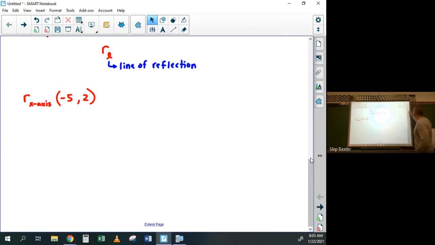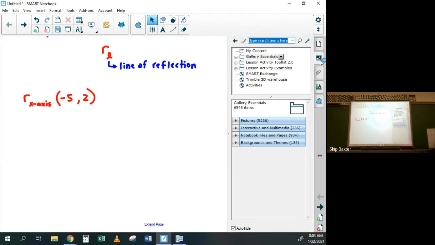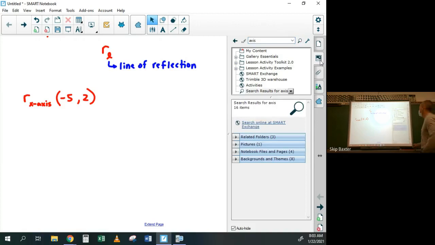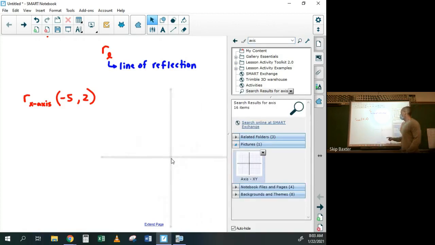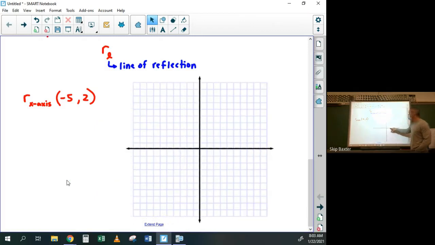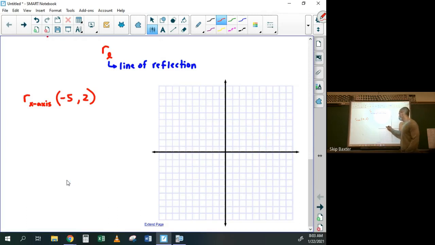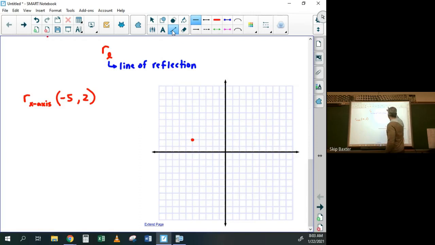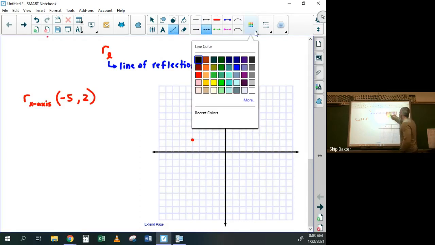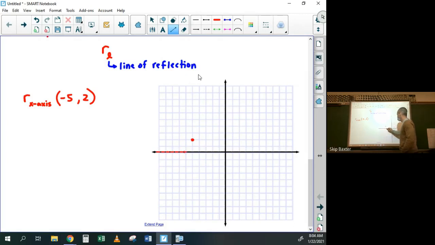Okay, I'm going to get a piece of graph paper here. Okay, so all I'm going to do is plot the point and plot the line that I'm reflecting over, and then just find the image that way. So if I start with -5, 2, that's here, right? The x-axis obviously is the x-axis, but I'll just go over it with a dotted line, just so that you can remember what we're reflecting over.